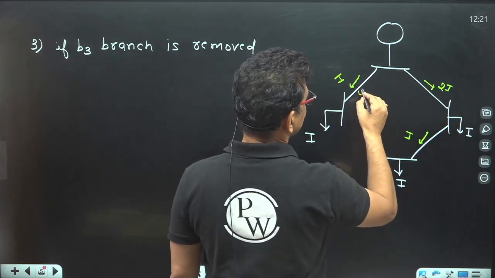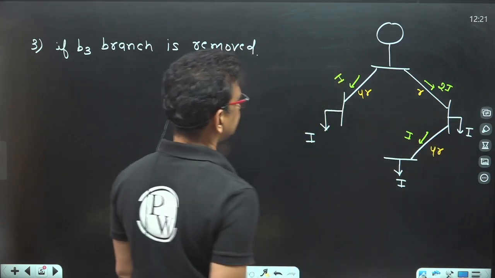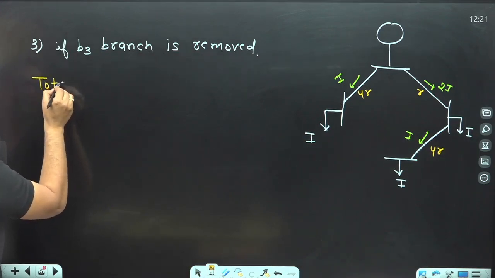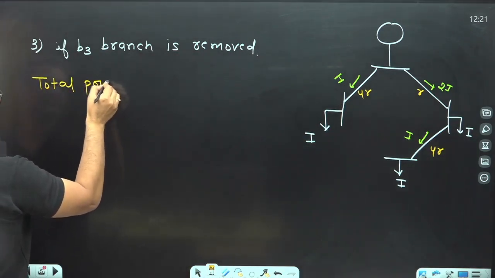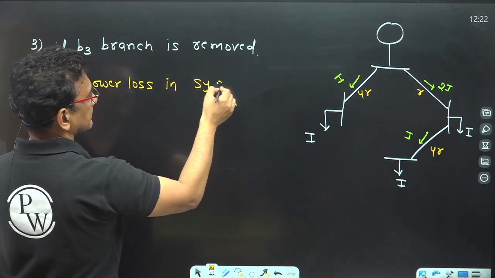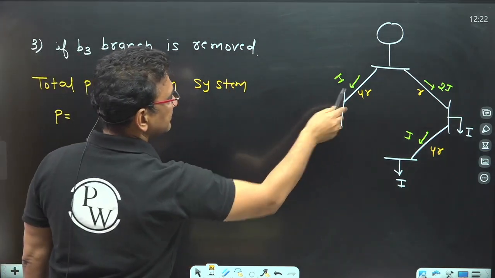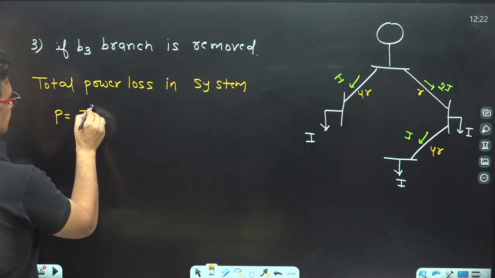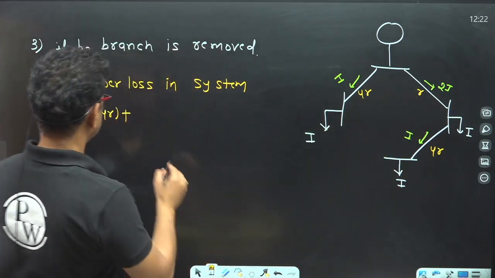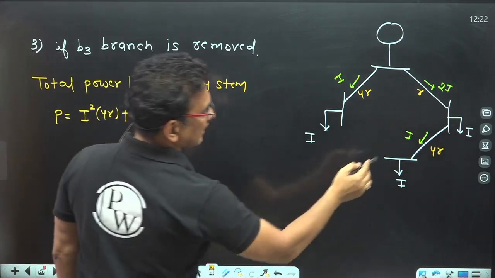Now the resistances are 4R, R, 2R and 4R. So the total power loss in the system becomes I square into 4R, plus 2I square into R, plus I square into 4R.